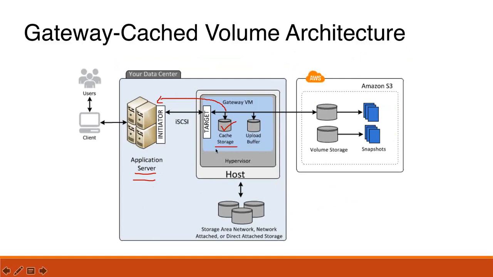If the data is not in the cache storage, then the application server can retrieve the data from the volume storage in your Amazon S3. So you merge your existing storage infrastructure with Amazon S3. The cache storage and the upload buffer are carved out from your local storage, whether it's a SAN, NAS, or disk attached storage.